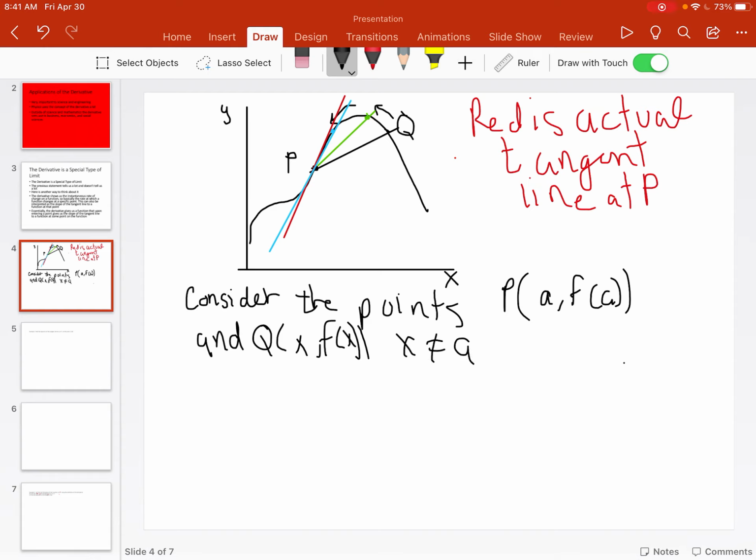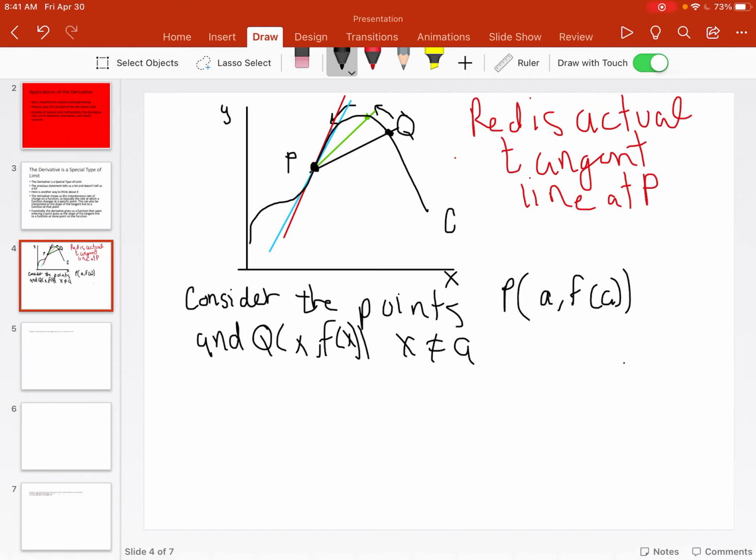Now, these points lie on some curve C. Okay, so we got this diagram, and I'm going to explain it. Let's start here, where you see the letter Q, right here. We got our point P right here.